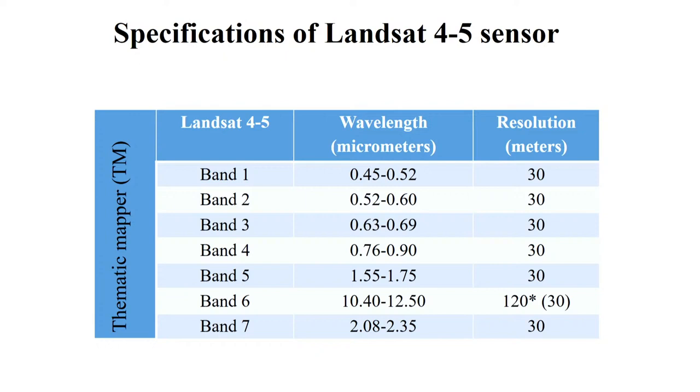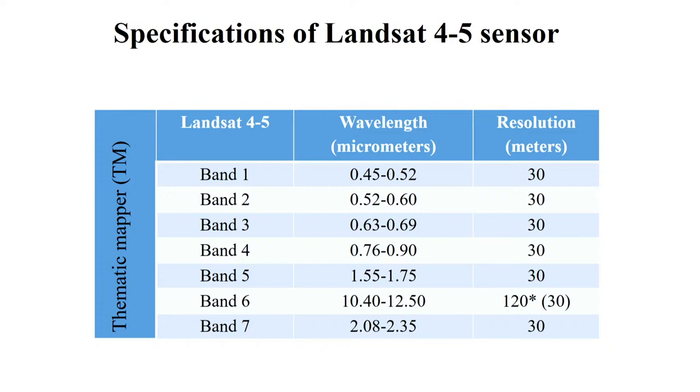One can get a resolution of approximately 30 meters for the optical multispectral and thermal data sets also. In Landsat 4 and 5, band number 6 has a 120-meter spatial resolution, but it is resampled to 30 meters, so that there is no mismatch in the pixel size of the optical multispectral bands.